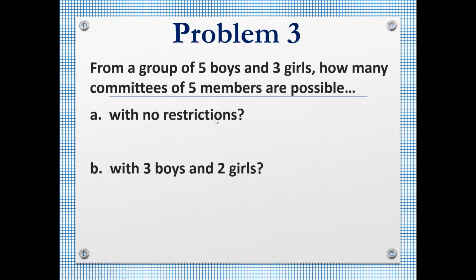Without restriction, it can be all boys, 1 girl, 4 boys, and so on. That's the meaning of no restriction. Now letter B, with 3 boys and 2 girls in a group of 5 members. Try it. So 2 minutes again.